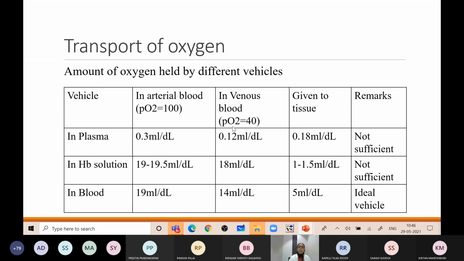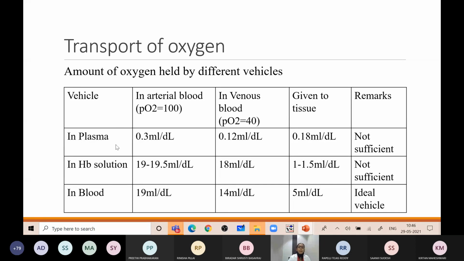In venous blood, that is PO2 at 40 mm of Hg, it carries around 0.12 ml per dl. This I told you in the previous slide. So what is given to the tissue? Combining these two, how much is it? 0.18 ml per dl.